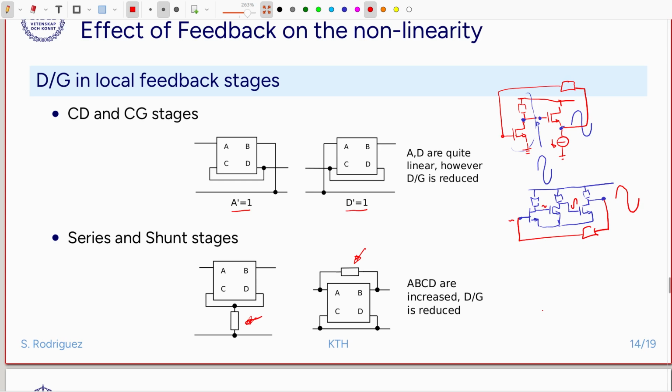So let's put an example. We have a series stage at the output. Let's say that it will look something like this. We can see almost directly that this stage has a disadvantage.